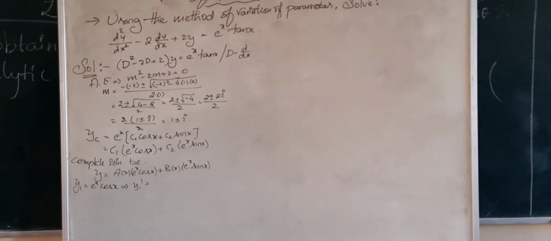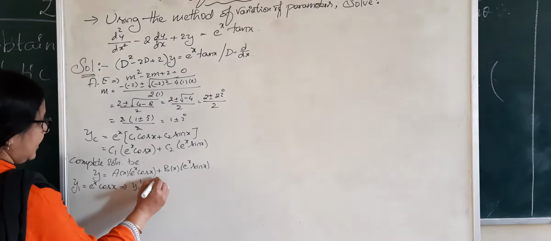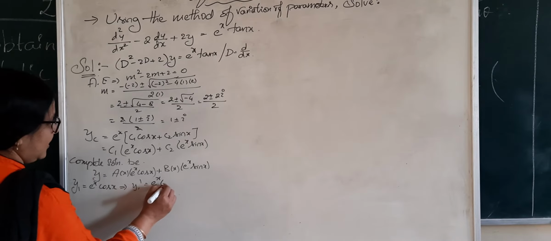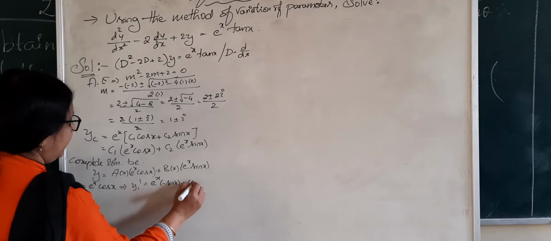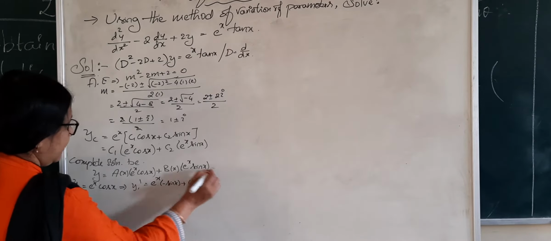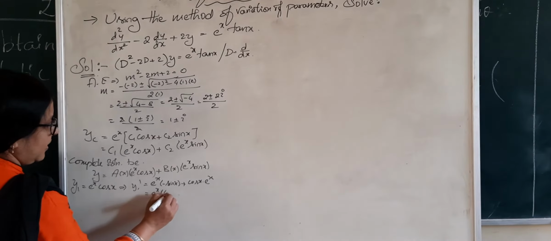In the previous case we could do it directly without any difficulty, but here you have to apply the product rule. Do you remember, guys? So e power x as it is, derivative of cos x is minus sin x, plus cos x as it is, derivative of e power x is e power x. Take out e power x common, you get cos x minus sin x.